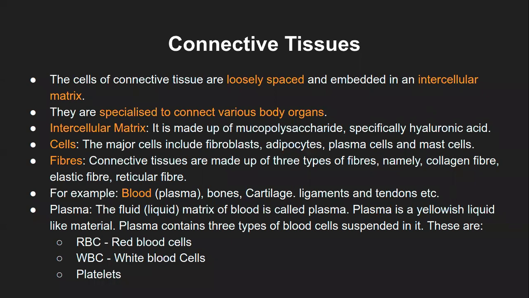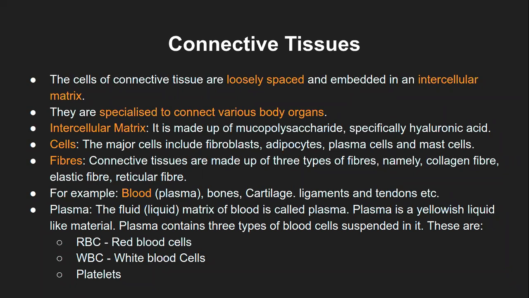So that is how these connective tissues are. They are specialized to connect the various body organs. Their main function is to attach each of the organs with each other within the whole body system. Now, what is this intercellular matrix ideally?